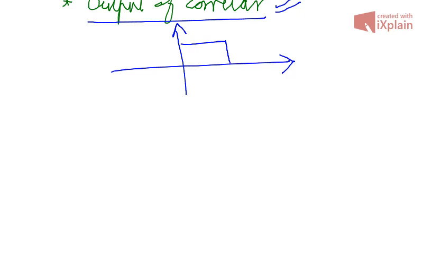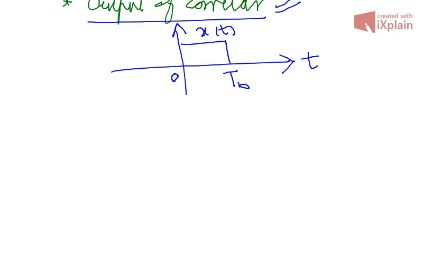Suppose we have a pulse which is from 0 to TB. It's a bit interval, on a time axis, and suppose you have x of t, a time domain function. If you want to find the correlation, suppose we are interested in the autocorrelation.